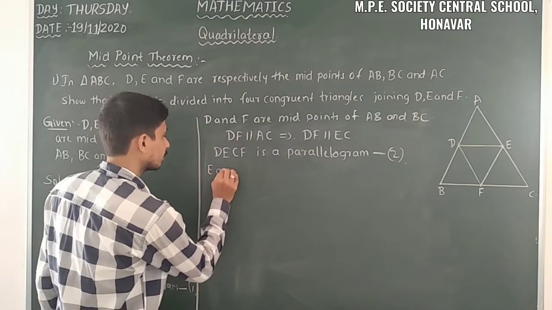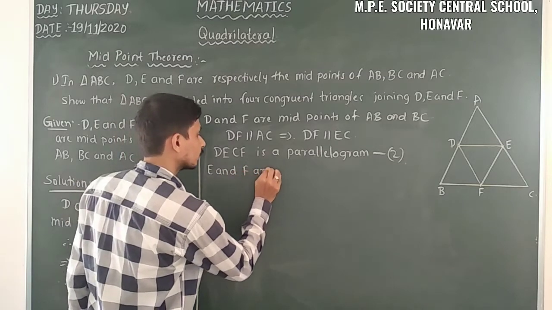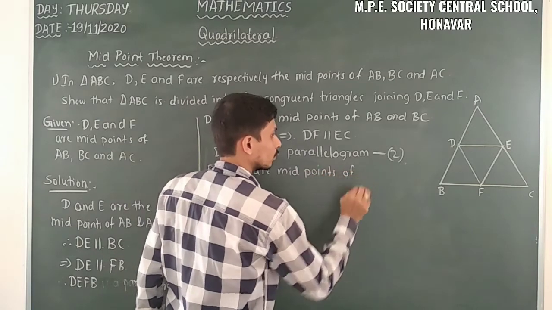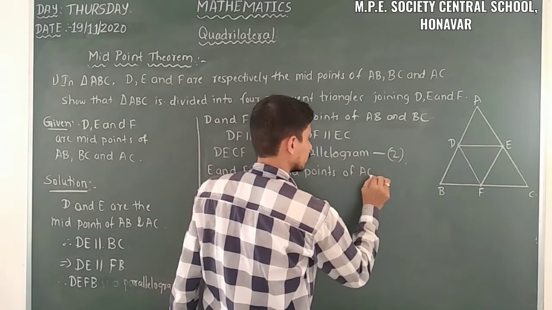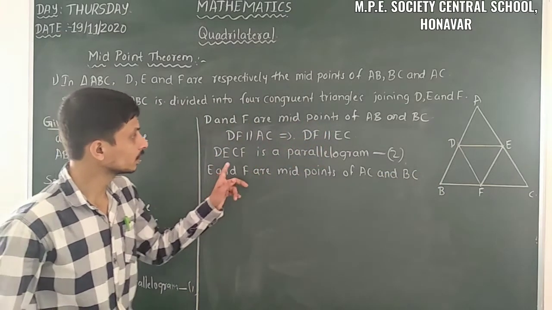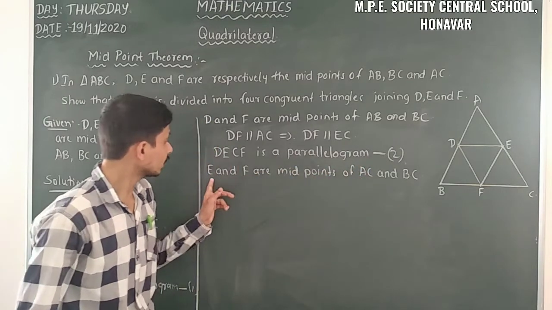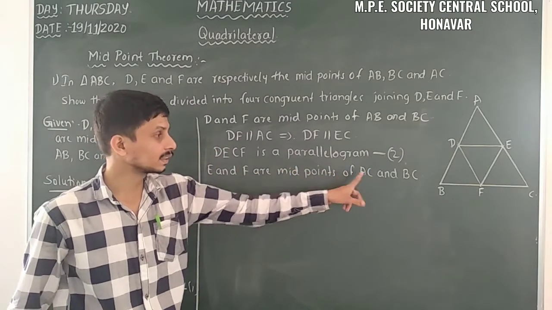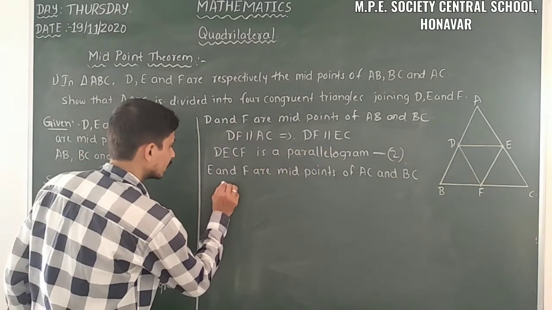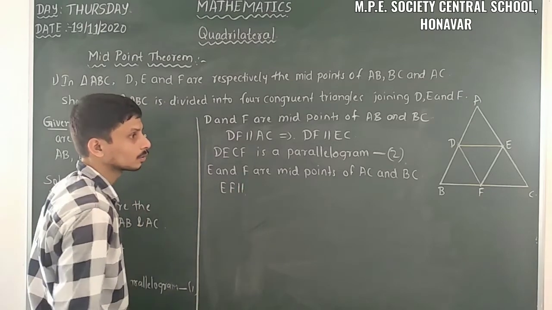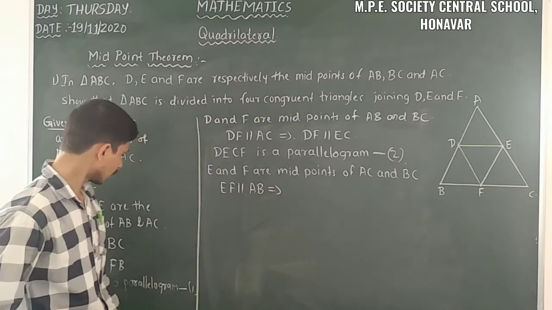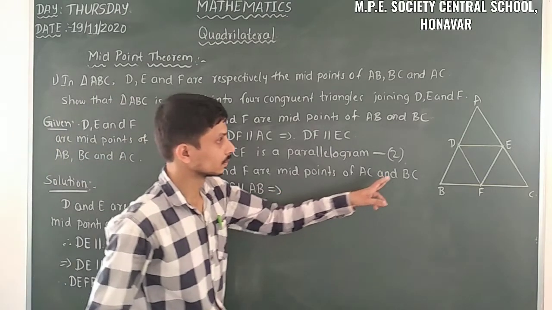Since E and F are midpoints of either side of the triangle, EF is parallel to AB.